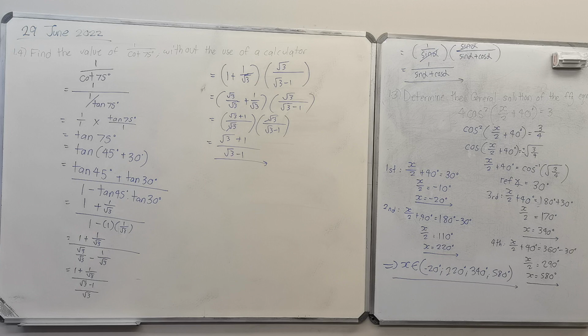Or just put tan 75, because it's the same as 1 over cot 75. 2 plus square root 3. 2 plus square root 3 is the final answer, because they rationalize the denominator. But you would have looked at that and known that that's not 2 plus square root 3.